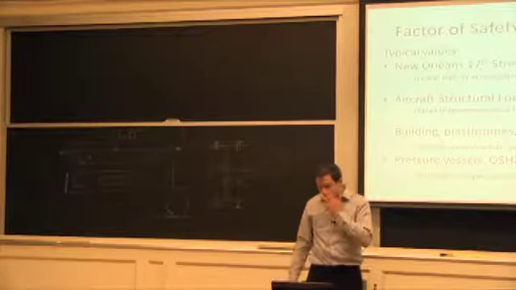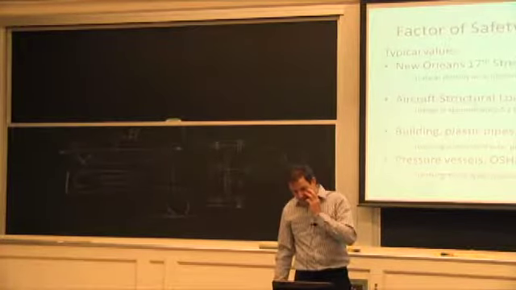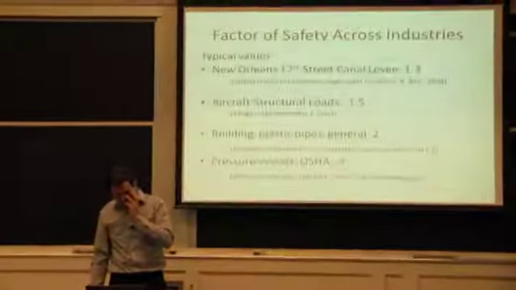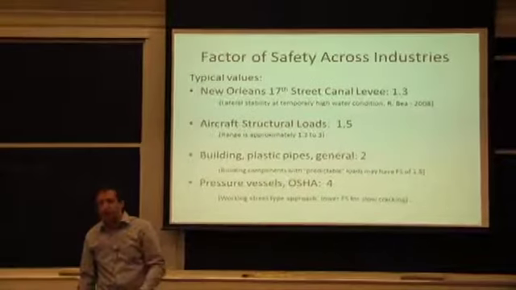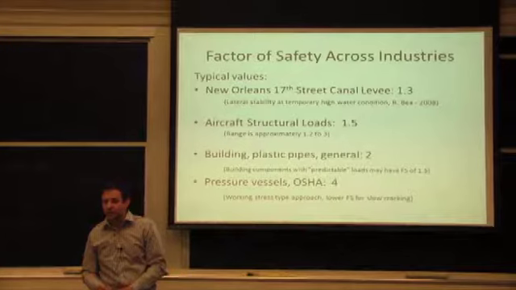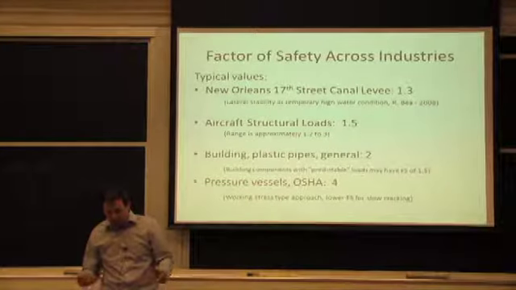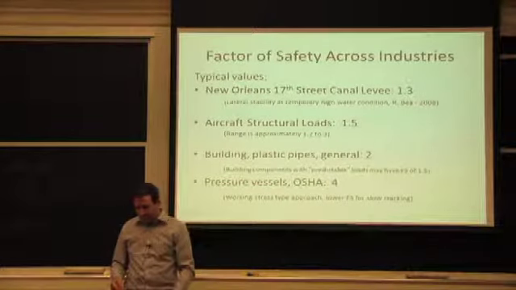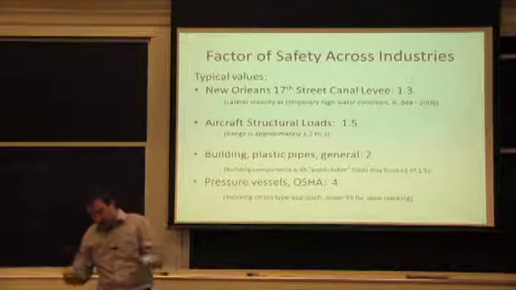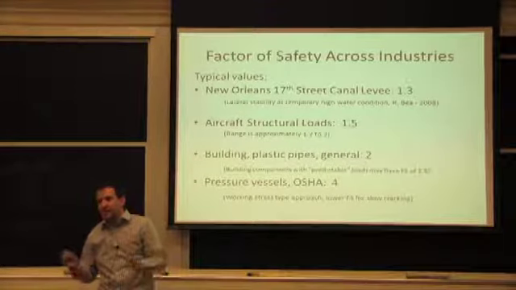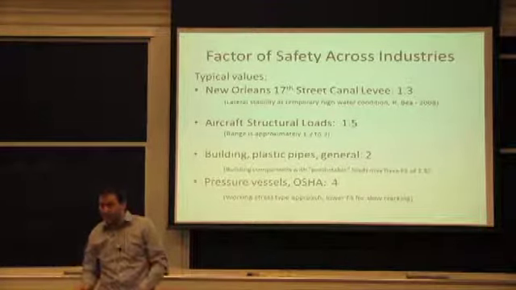So I think that's going to be it for the factors of safety for this semester. And I just want to wrap up very quickly. We talked about different factors of safety between industries. And we sort of trim it down to say, in reality, it's not that different.